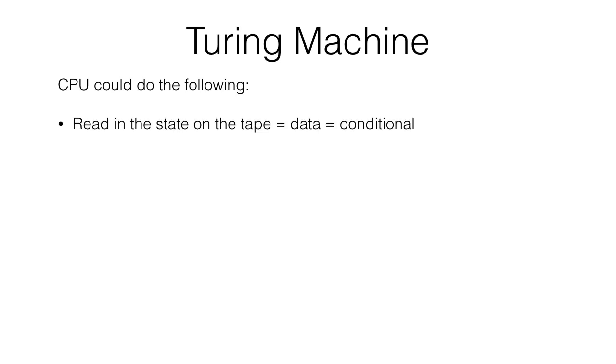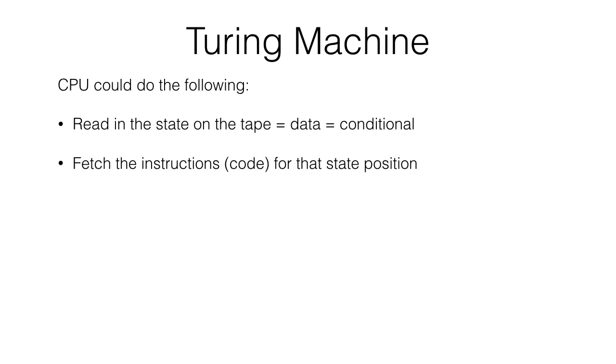So the CPU could read the state on the tape. It's sitting right above that little block, and it can read if that has a 1, 0, or nothing in there. That is data. It's pulling the data into the machine electronically, setting it up as a conditional state for the code. So if I number the blocks starting at 1 and going all the way to infinity, let's say I'm sitting at state position number 134.